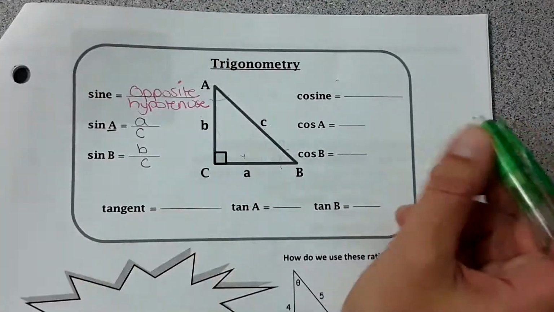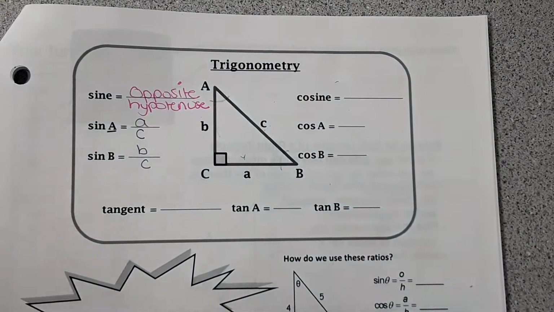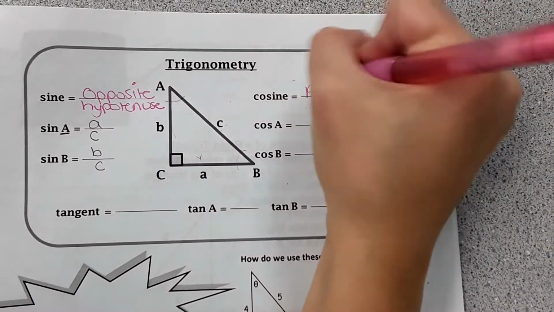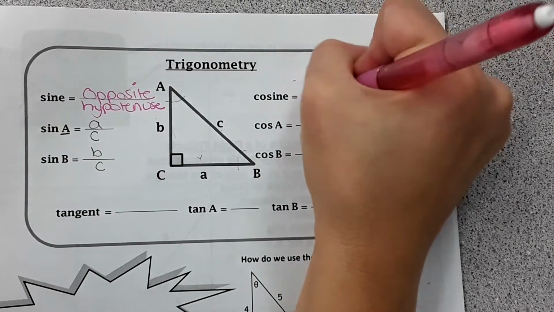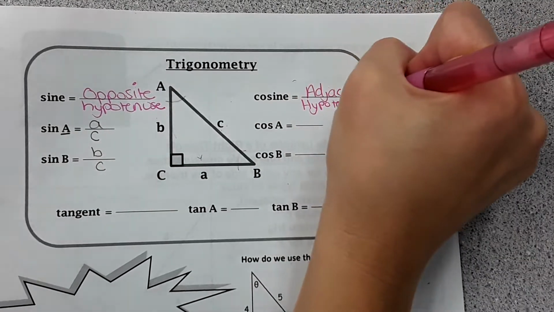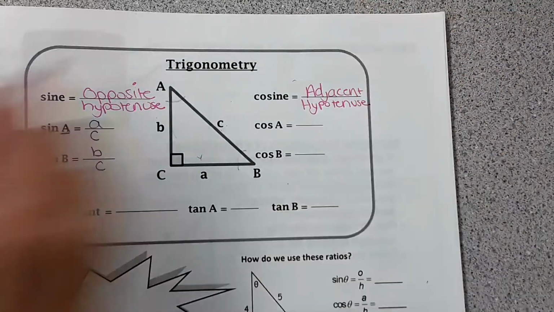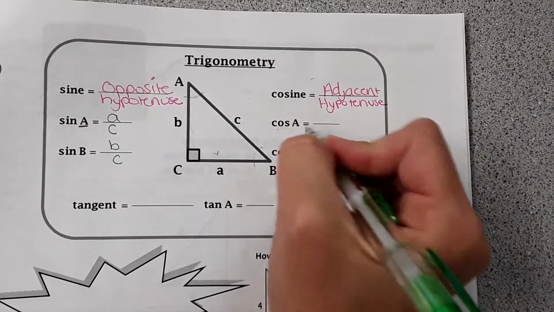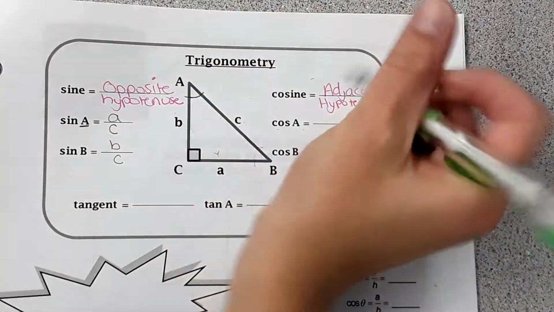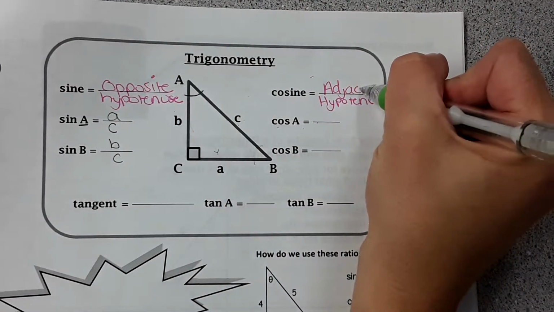Okay, cosine. Cosine is adjacent over hypotenuse. So cosine of A, angle A is what we're focusing on now: adjacent over hypotenuse.